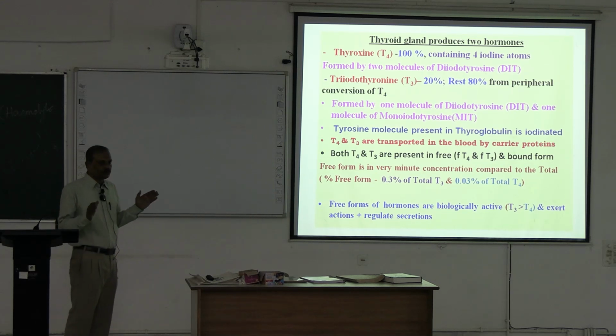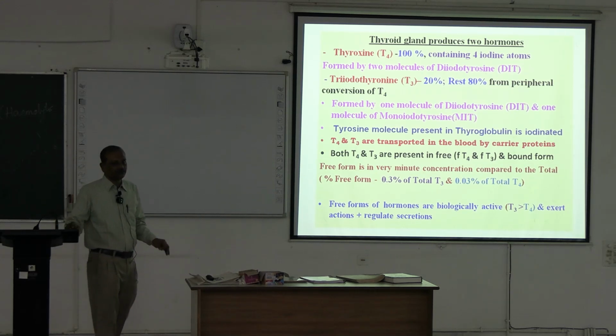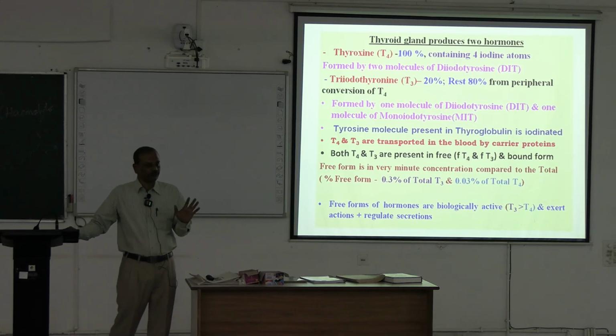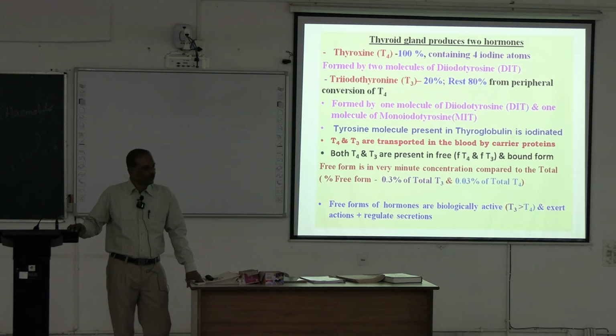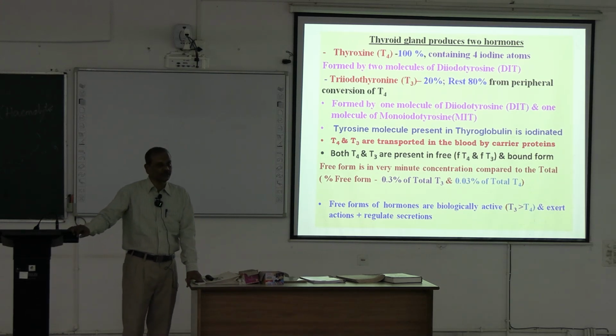So both T3 and T4 are present both in bound form and free form. Write down. T3 and T4 are present in both bound form and free form, and the free form is very negligible percentage.